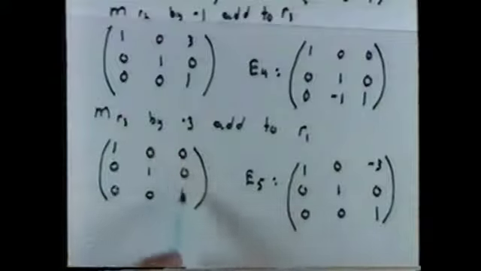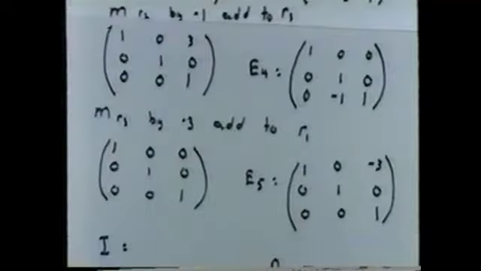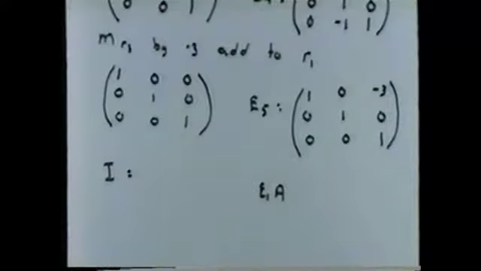Okay, now let's put the chain together to see what happens. We have I here, and how did we get I? Well, to get I, we started with A, and by the theorem that we illustrated by example, we took A and multiplied it by E1.